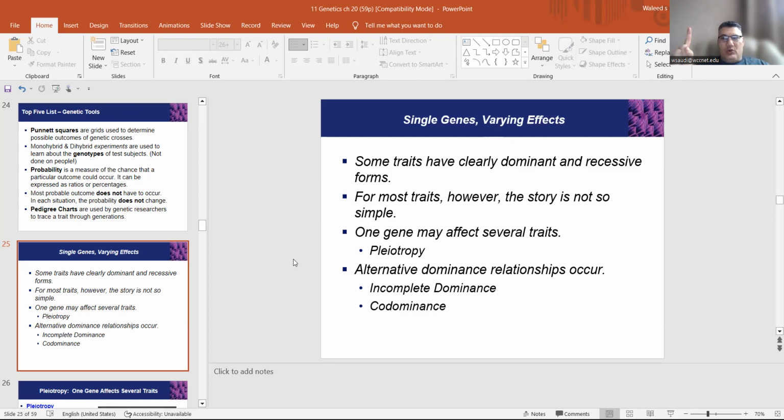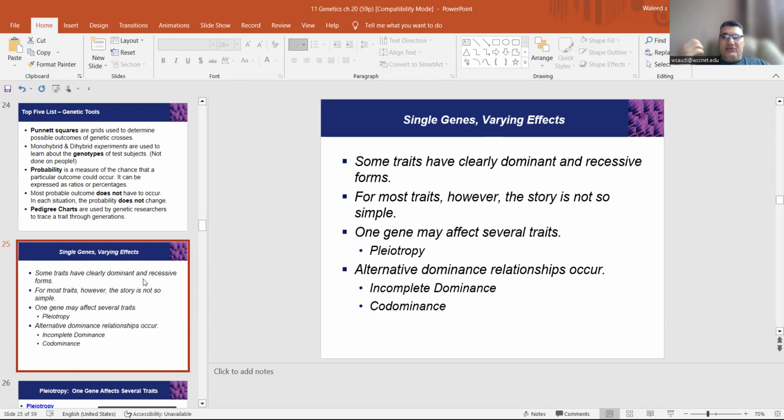Yes, this is called pleiotropy. It's not one gene for one characteristic or one trait. No, one gene, multiple traits. That's more valid in diseases or syndromes. You will see it. Versus incomplete dominance and codominance, which is not the same as complete dominance that we saw.